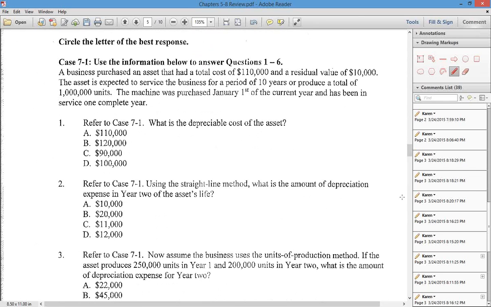With depreciation, the whole purpose of it is to allocate the expense of that asset or that fixed asset over its useful life. Again, we have to remember we want to try to match up the revenue and the expenses that it took to help earn that revenue. So, that's how we would make the decision as the accountant of what method of depreciation to use.